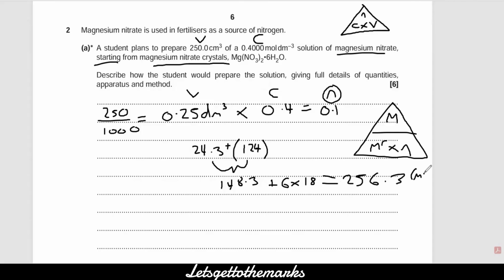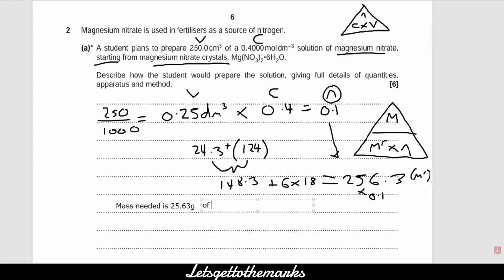So that's our Mr. I need to times that by the moles, so we want to times 0.1. And my mass needed is 25.63 grams. So I need 25.63 grams.